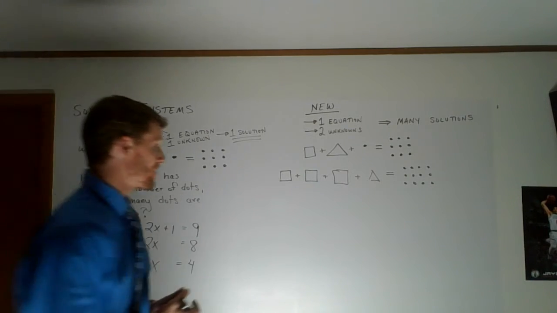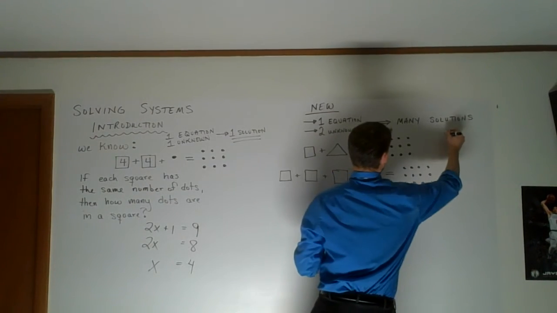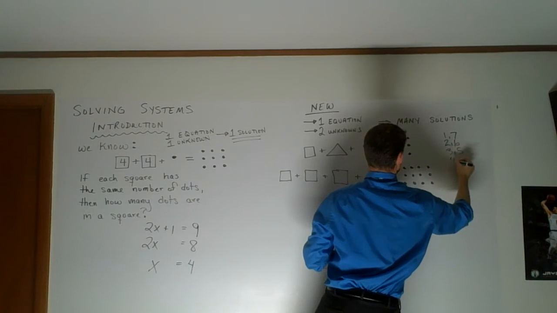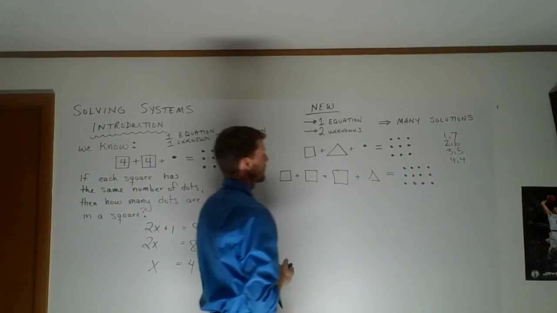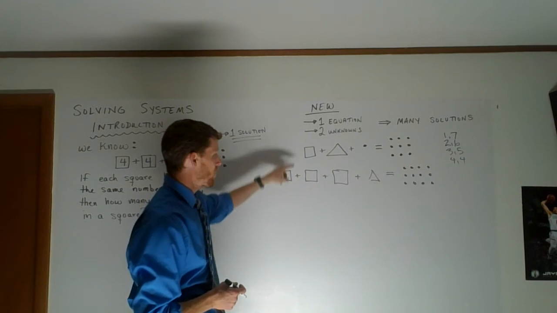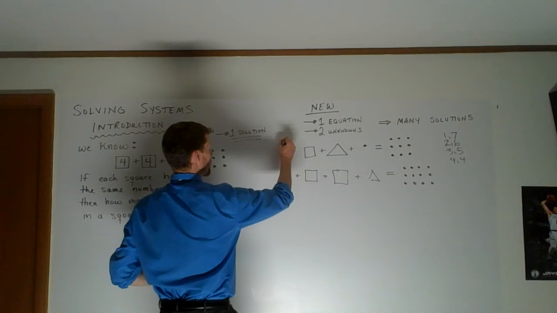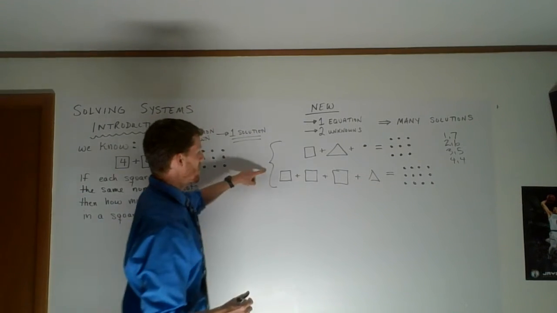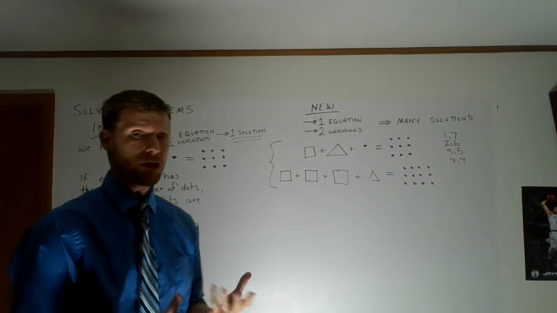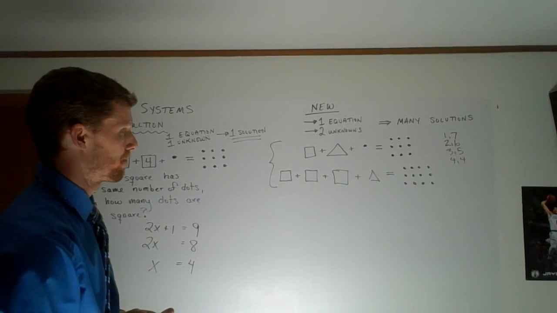We know our possible answers were 1 and 7, 2 and 6, 3 and 5, 4 and 4. Those were the answers that would make this true. For these two things to be together, we're going to put them in a system. We'll use this symbol to say these two equations are tied together. Their solution must work in both of them.